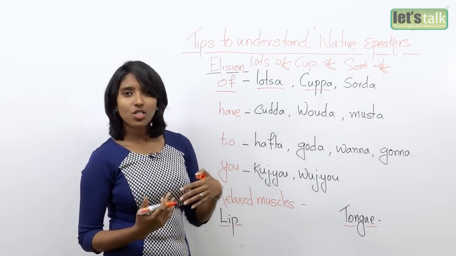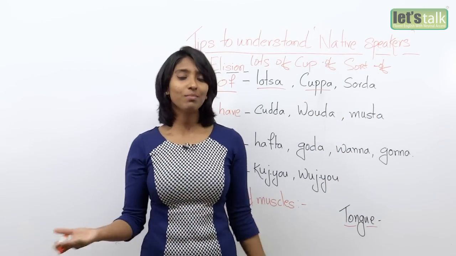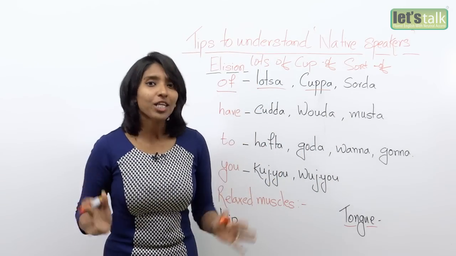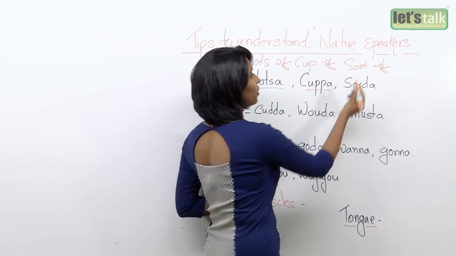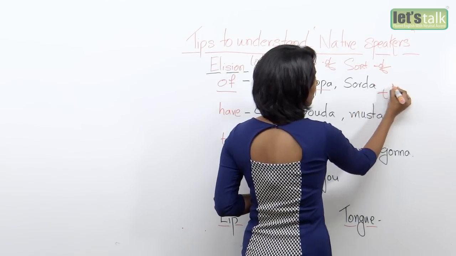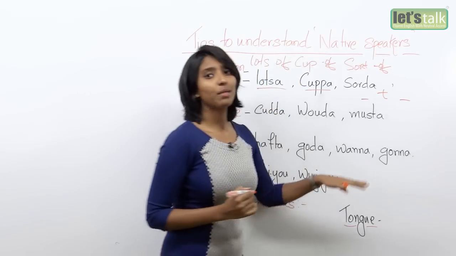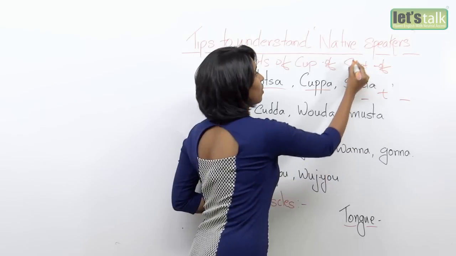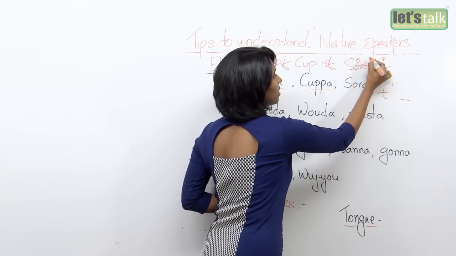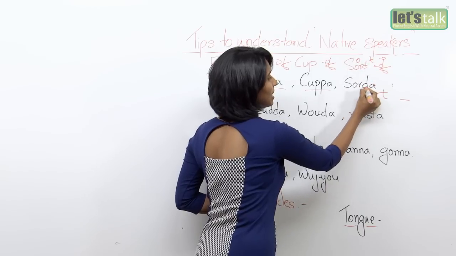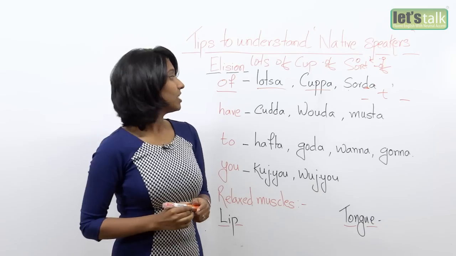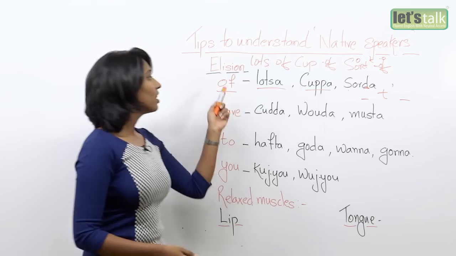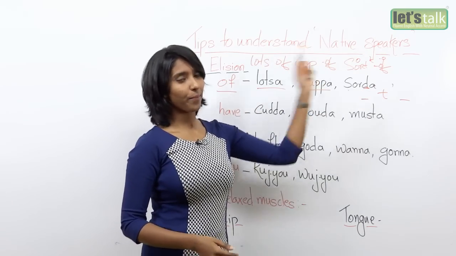I'm not saying sorta money or sorta house. I'm saying sorda. Why? Because Americans, especially Americans, every time they use T between two vowels, they pronounce this as D. So, sort of, which is an O sound and again an O sound here, becomes a D here, sorda. I need that sorta thing that I want to do. So, sorta. Okay? Lotsa, cuppa, sorta.